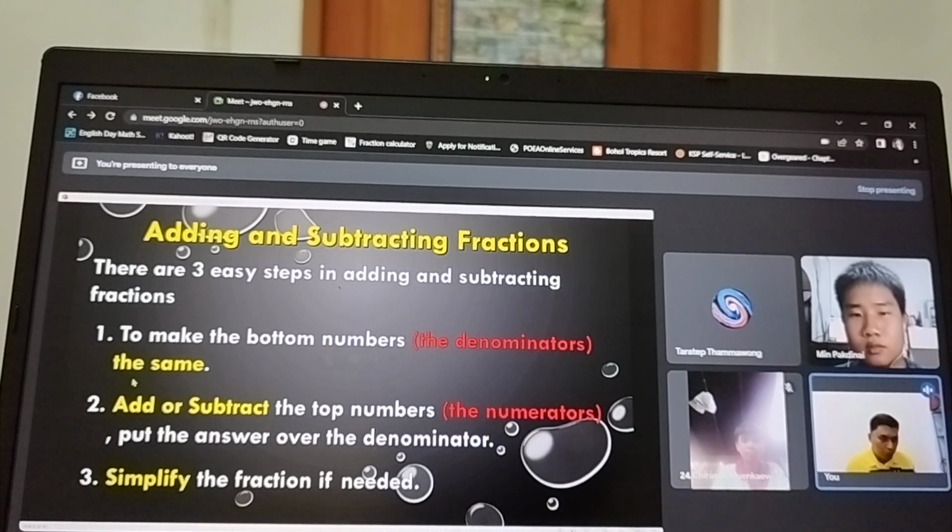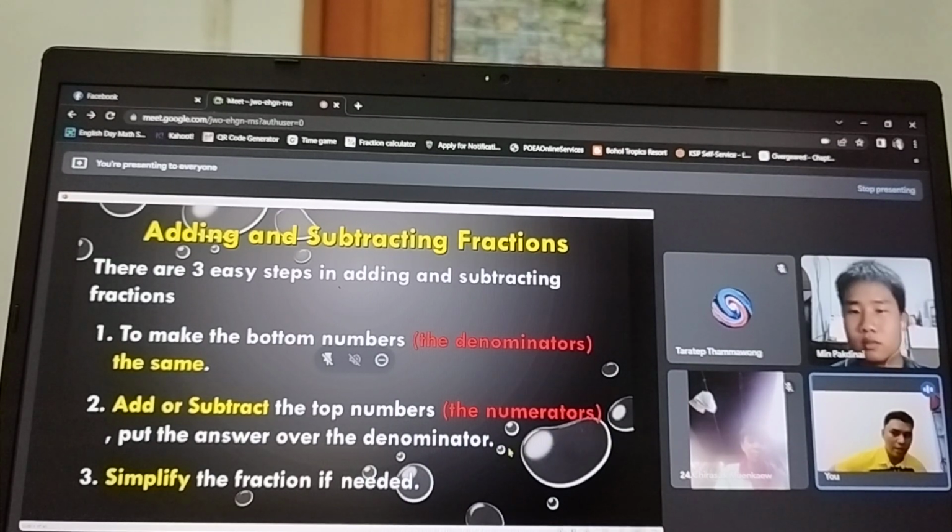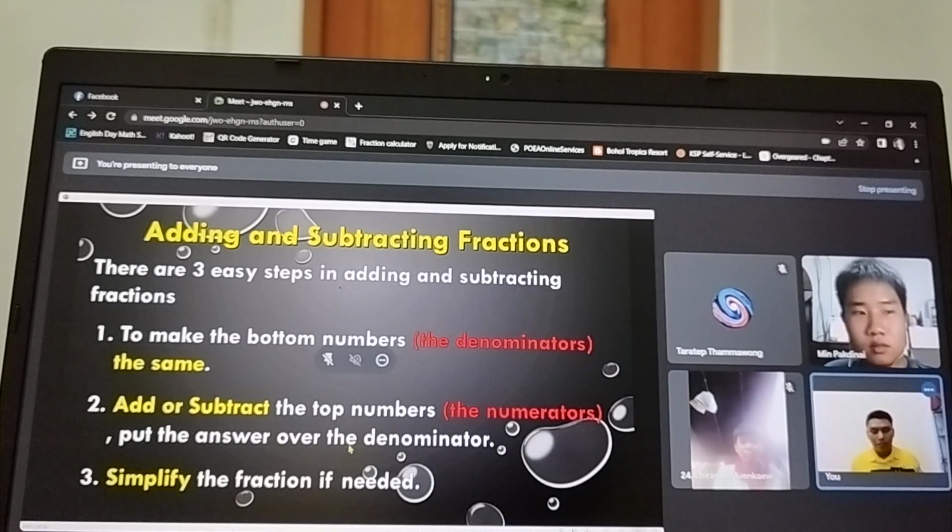Make sure that the bottom numbers of the fractions are the same. Second step, add or subtract the top numbers, the numerators. Then put the answer over the denominator.